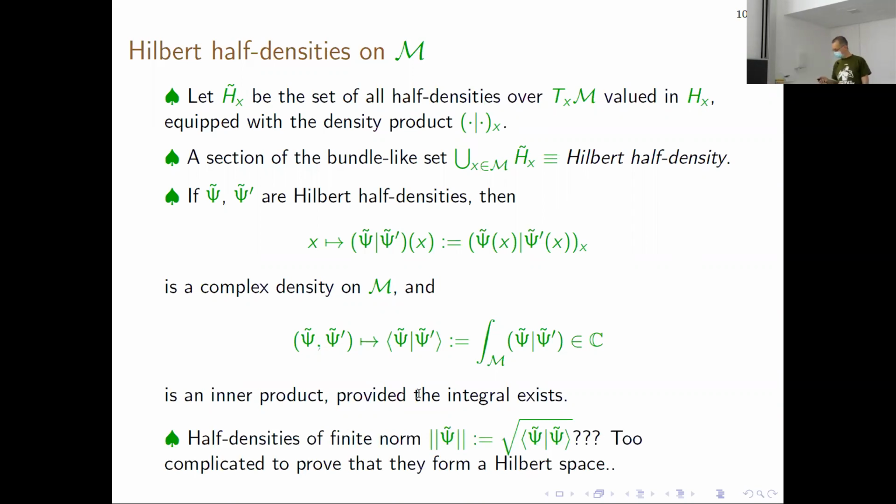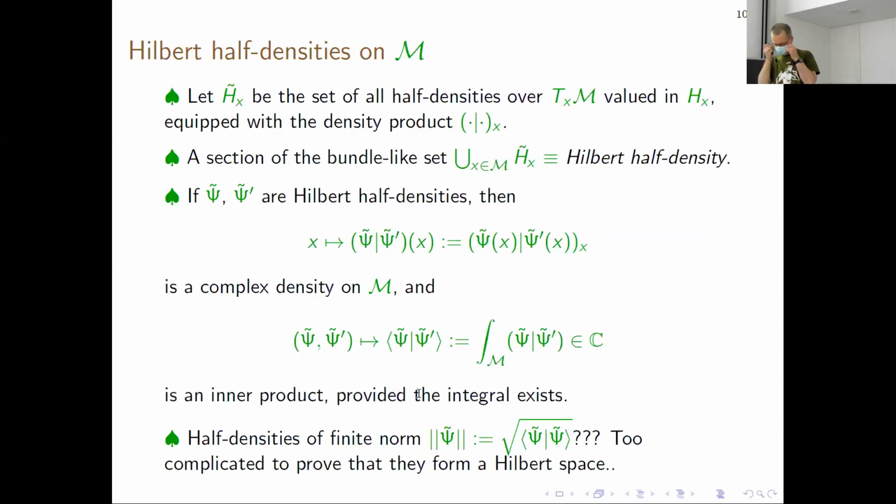An obvious answer may be that we should use half densities of finite norm with respect to this scalar product. Unfortunately, I didn't manage to prove that such a set forms a Hilbert space. Perhaps it does, but it was a little bit too difficult for me to prove. So I will proceed in a different way.